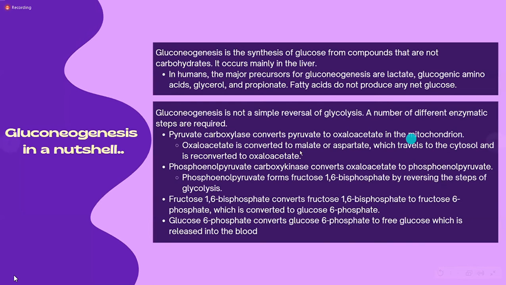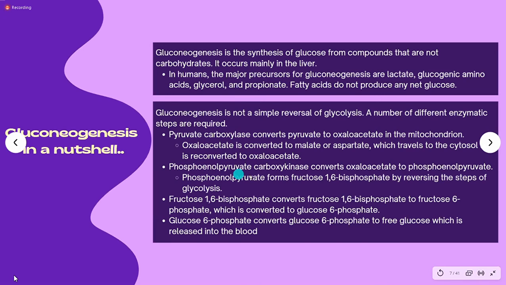Oxaloacetate is converted to malate or aspartate, which travels to the cytosol and is converted to oxaloacetate.